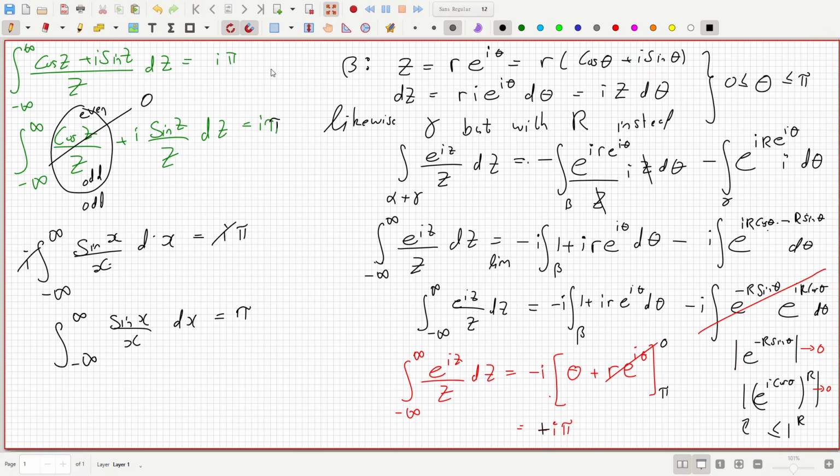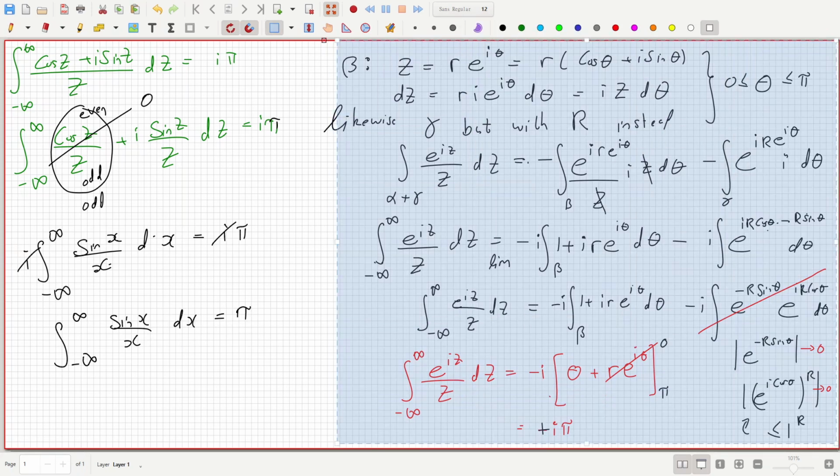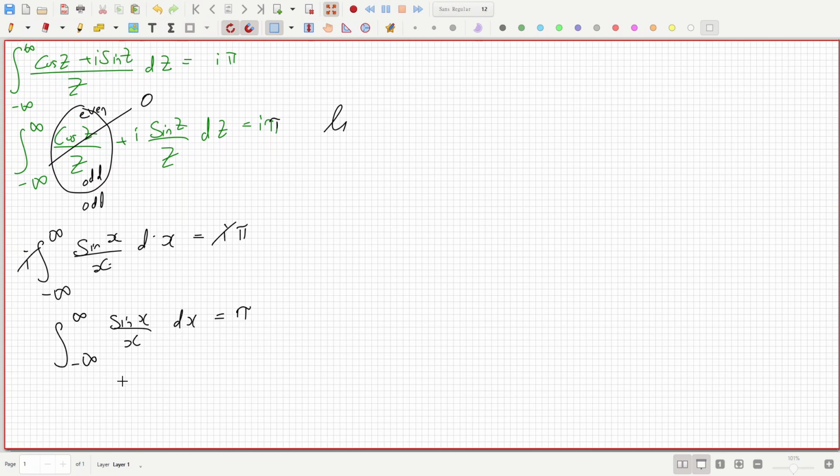If you want, though, you can continue a little bit more. Because this is an odd function, and this is an odd function, so in total it's even. So that means we can say that the integral can be replaced by twice 0 to infinity sine x over x dx equals pi.